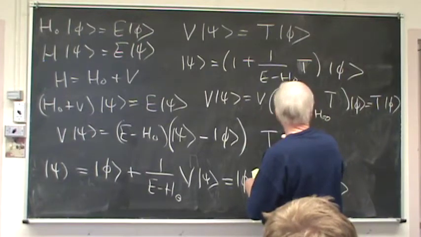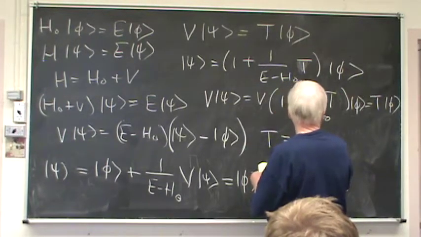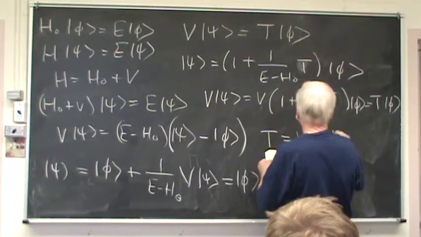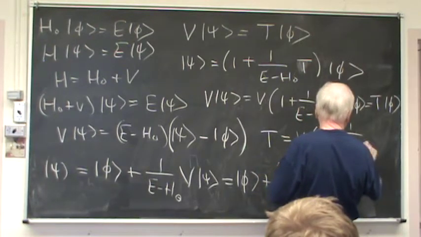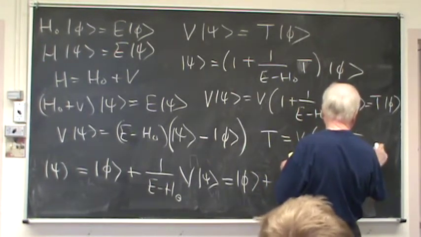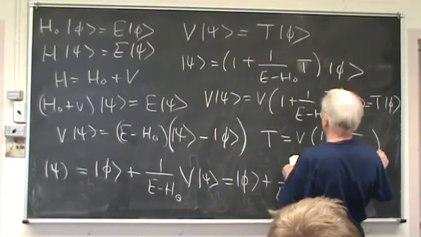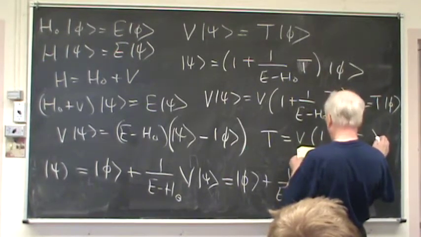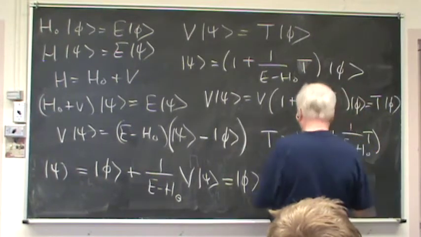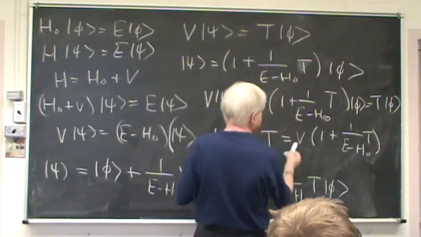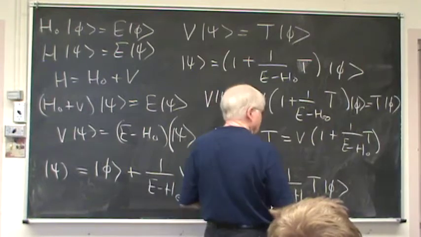And then what we have is T is V times 1 plus 1 over E minus H0 T. And so that's the operator version of this.